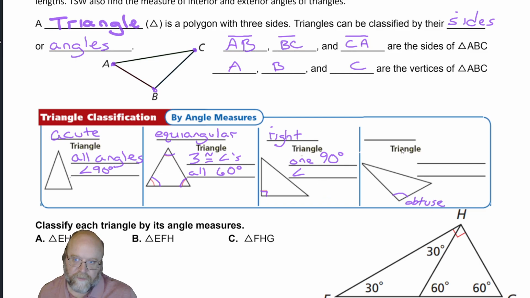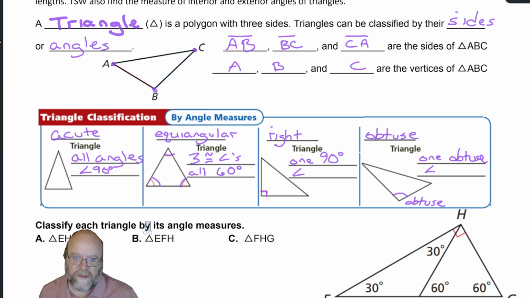If you have an obtuse angle, you have an obtuse triangle. Are you even having to remember anything here? An obtuse triangle has one obtuse angle. Easy peasy. So let's do some work.